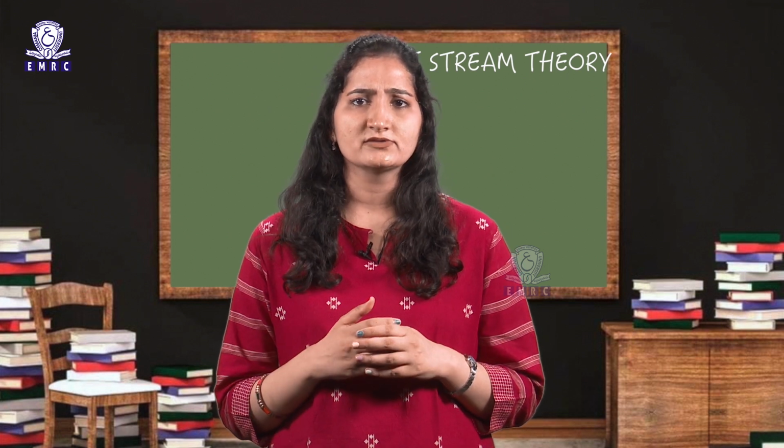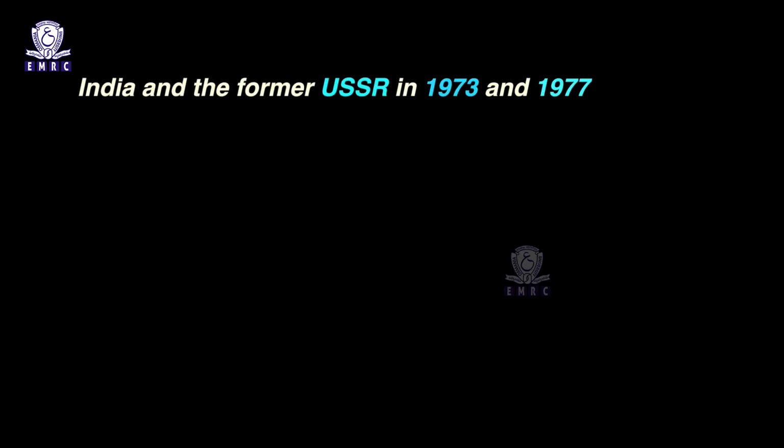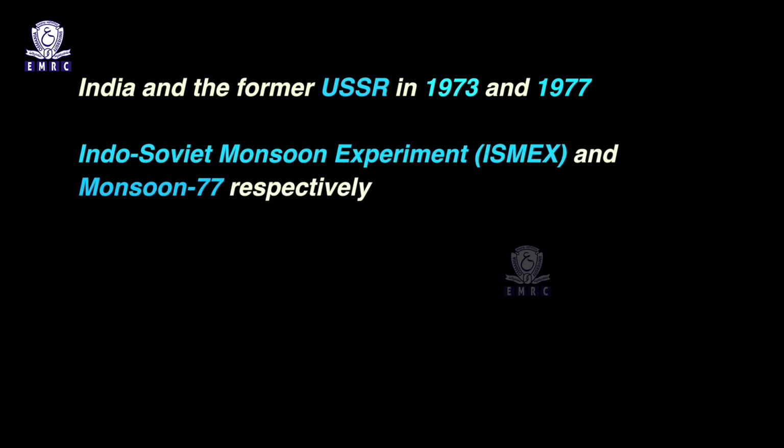Two more experiments were conducted jointly by India and the former USSR in 1973 and 1977 with limited participation from the other countries. These experiments are known as the Indo-Soviet Monsoon Experiment and the Monsoon 77 respectively.